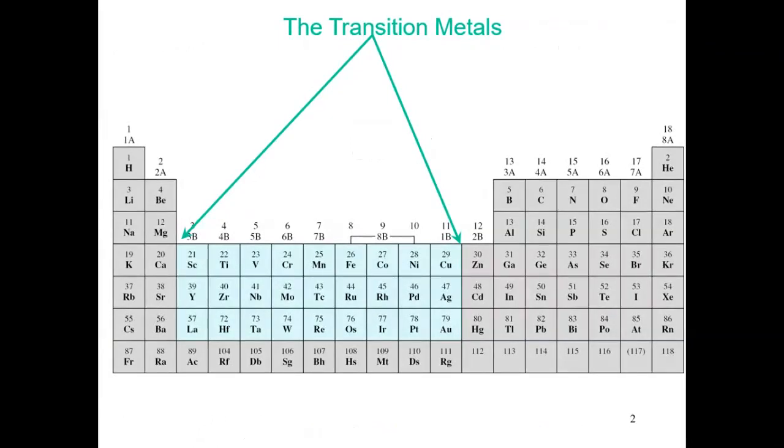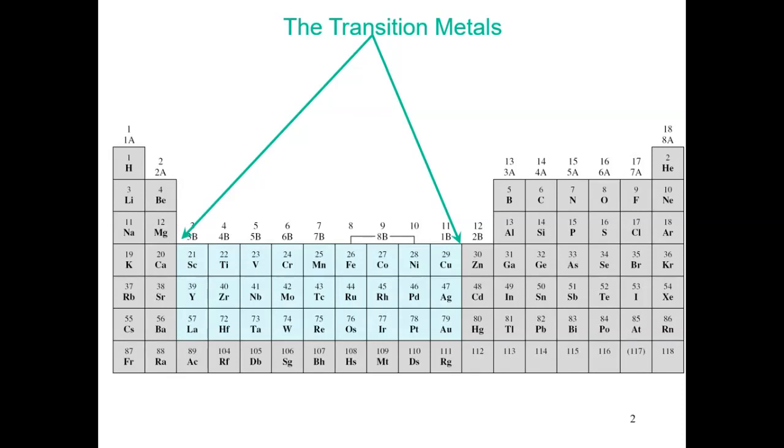In the American style of numbering the groups, the groups of the transition metals are the ones that have a B after them to distinguish them from the ones that have A, which are the main group or representative elements, which belong to what we also call the s and the p blocks, according to the valence shell that is filled last in these kinds of elements, all right?